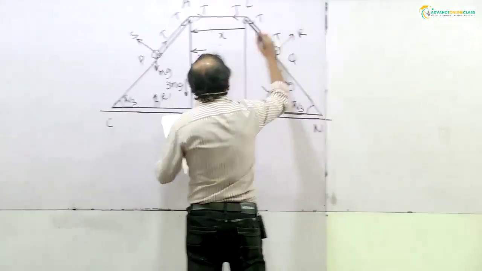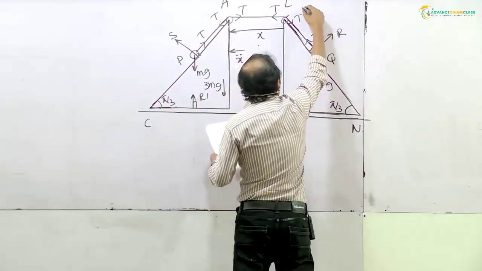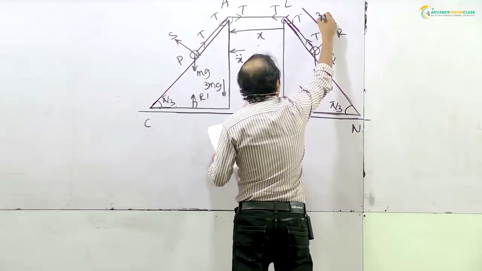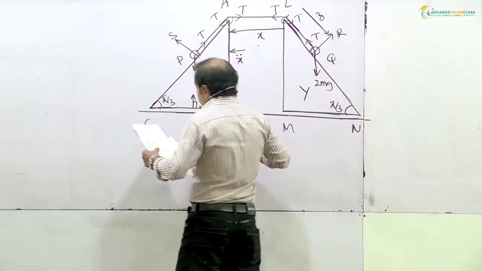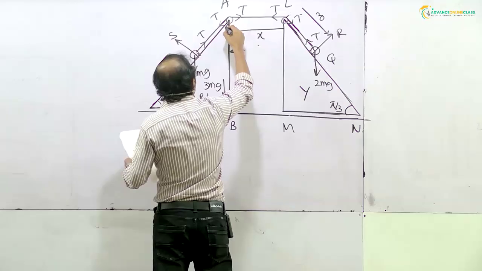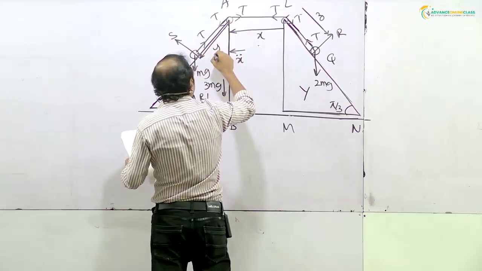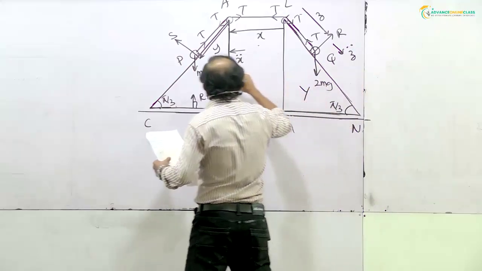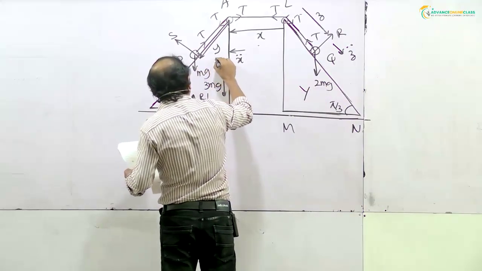I will take this length to be z. Right. This is y. Then here, acceleration is z double dot. Here acceleration is y double dot. Right.